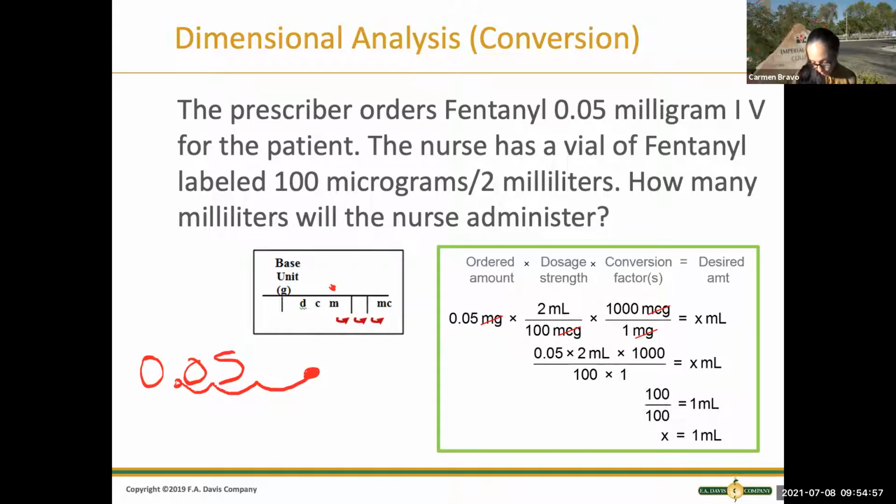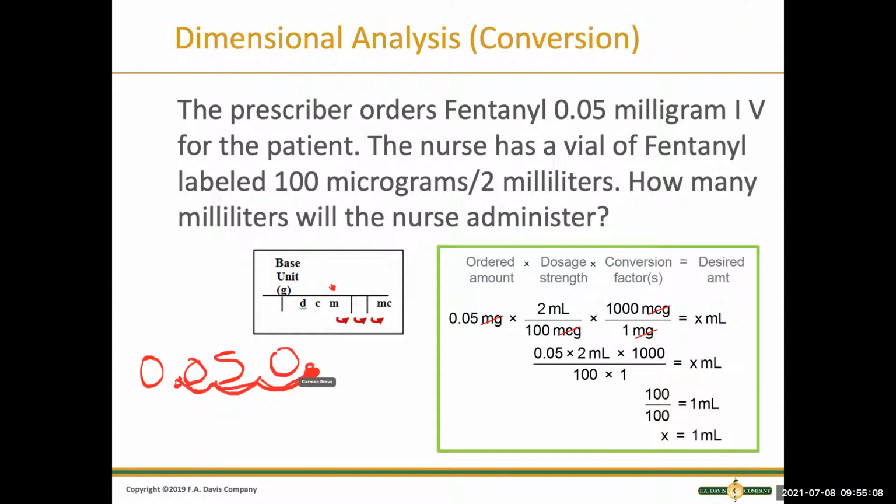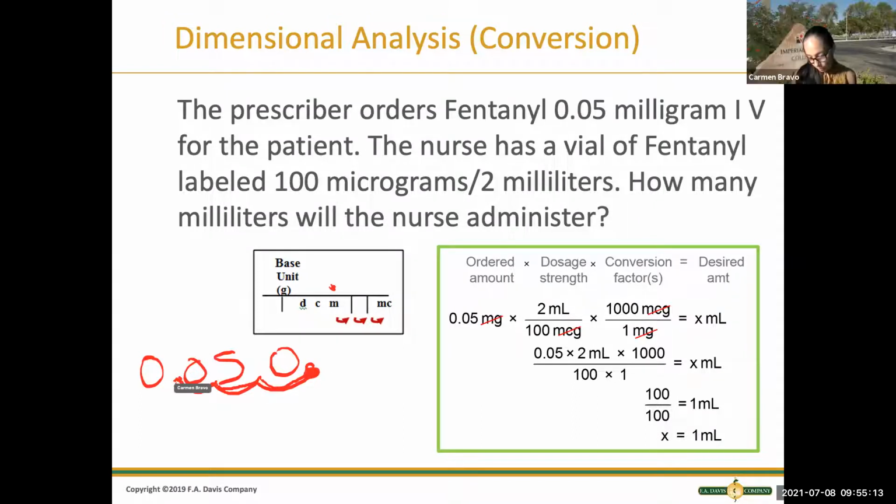So how many mcgs do I have? If I move my decimal point 1, 2, 3, I'm going to have 50, and that's going to help me solve the order much better. What I just did was I converted this into mcgs.